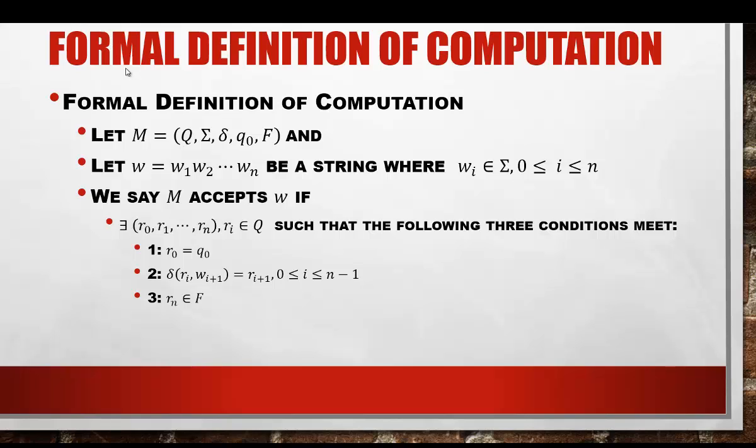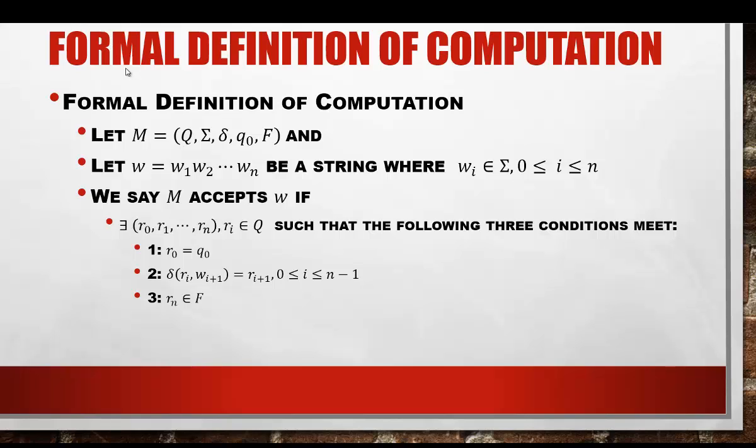So in the case of strings and finite automata, let M be our finite automaton. If you remember, the finite automaton is a 5-tuple. It's composed of Q, a set of states, sigma, a set of its alphabet symbols, delta, its transition function, Q0, its start state, and a set F, which is a finite set of accept states.